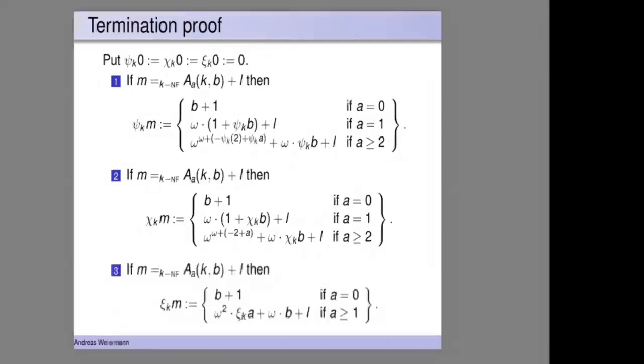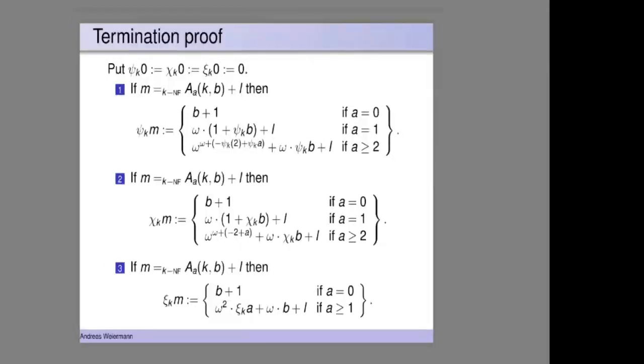And finally, if you have only base change in the index, chi_k of m does basically omega squared times chi_k of a plus omega times b plus l. So these ordinals will be smaller than omega to the omega.